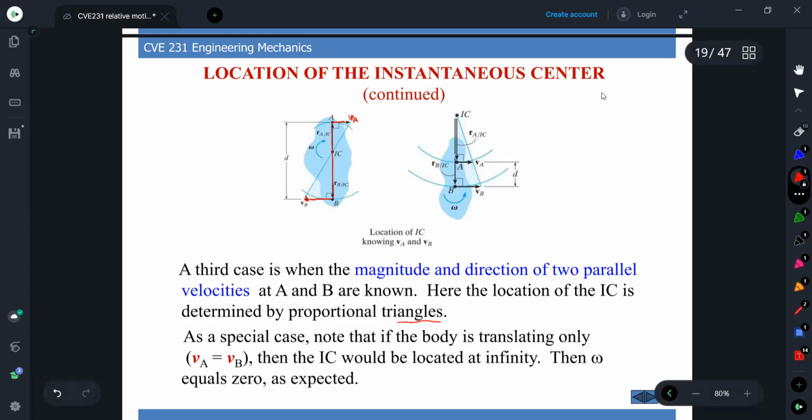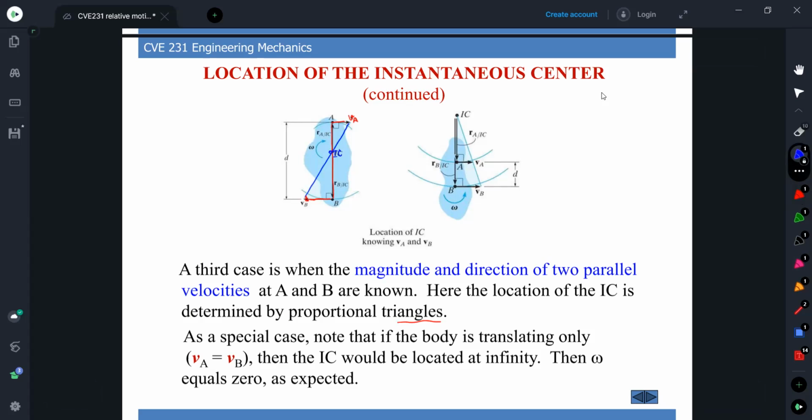We draw a line through the tips of the two velocities, VA and VB, and by using proportional triangles we can locate IC.